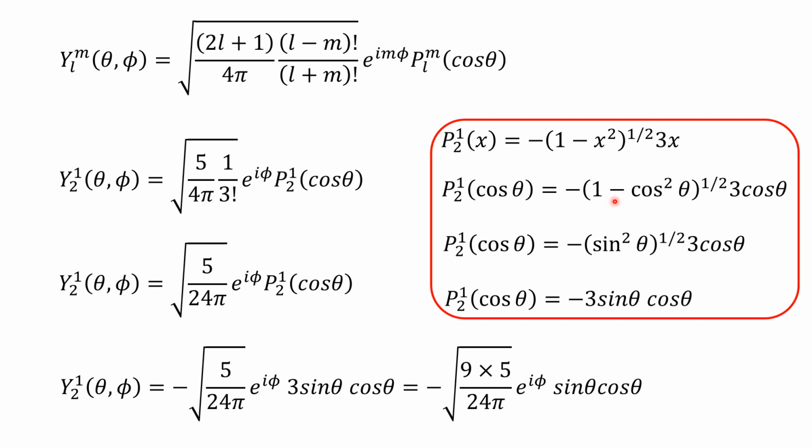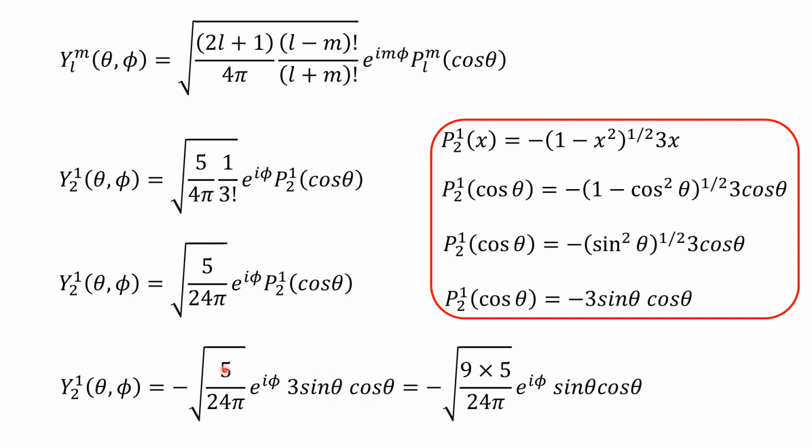You know very well that 1 minus cos squared theta is equal to sin squared theta, of course with power half. If you take the square root of sine squared, you will get sine theta. So this will become minus 3 sine theta cos theta. That's what I have written here.